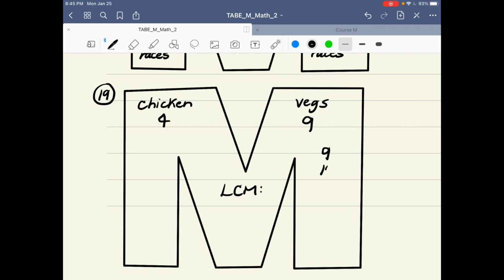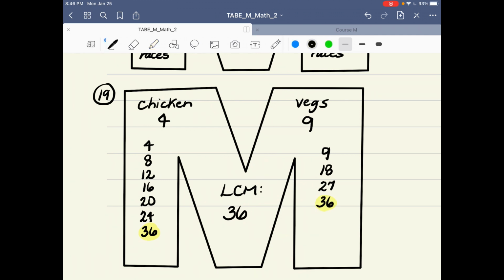So 9, 18, 27, 36. I'm liking that one. 4, 8, 12, 16, 20, 24, 36. So the least common multiple is 36.